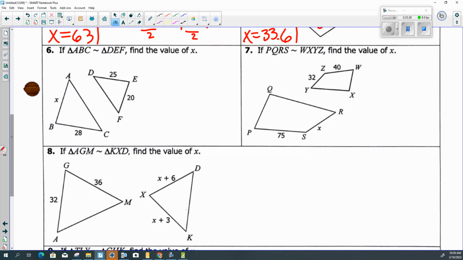So just take the time to look. Side AB, and you can do something to show, you maybe don't have colored pencils or something, but do something to show that side corresponds with side DE. So those should go together. I'm just going to make sure BC and EF. Okay, and now can you set up a proportion?